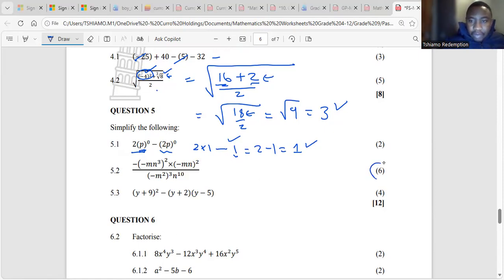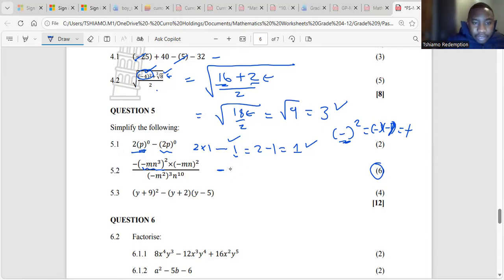Okay, let's look at this one for 6 marks. Nice, beautiful question. You square everything inside here. So I still have the negative outside. Because I'm squaring, everything is going to be positive. Remember, if I square a negative number, this simply means if I expand, I'm going to have a negative and a negative, which will be a positive. So my answer will be positive here.